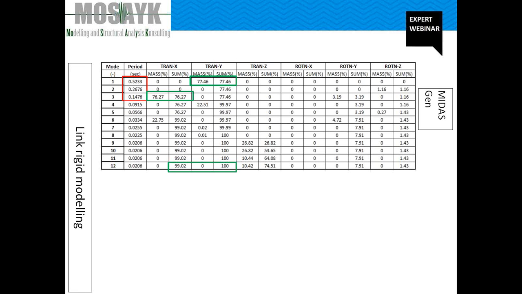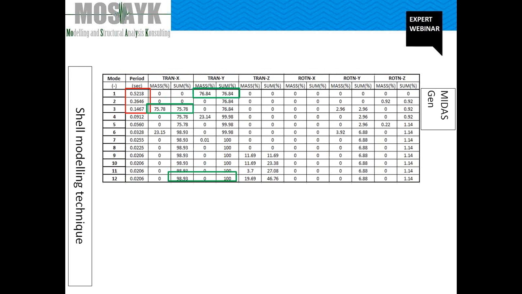Let us see a comparison between the two models after running an analysis, eigenvalue analysis in Midas Gen. With only 12 modes of vibration, we obtain approximately 90% of participating mass. That's a good result. And in the next slide, the first three modes of vibration using the shell element perfectly agree with the beam equivalent model.